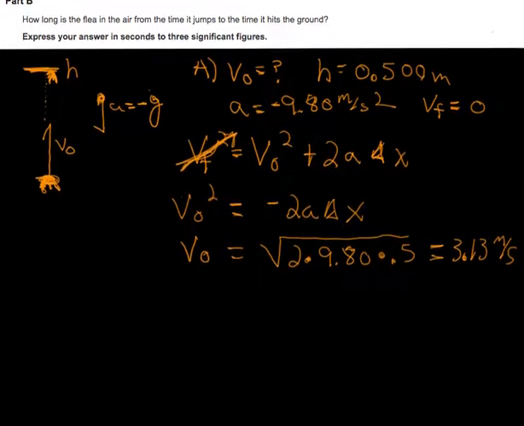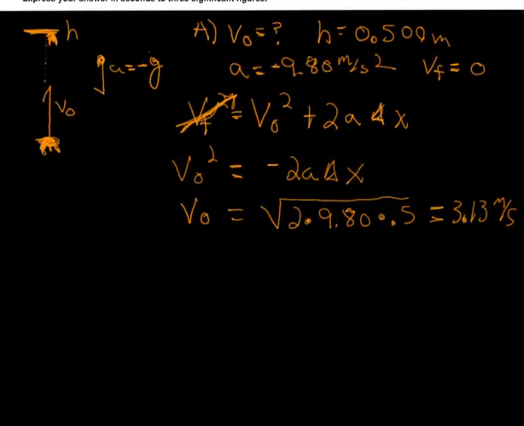Now we can take this initial velocity and figure out the time of flight using the quadratic equation. Or we can look at this from another aspect, which is this flea is hopping up. It reaches the top and it free falls down. Once it gets to the top, its motion is stopped.